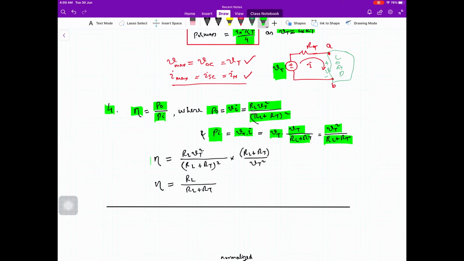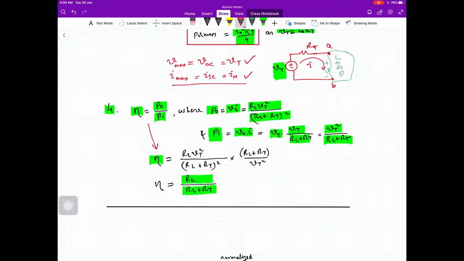Now the efficiency, as we have defined the power efficiency as the ratio of P output to P input, we see that finally we have efficiency equal to RL divided by RL plus RT.